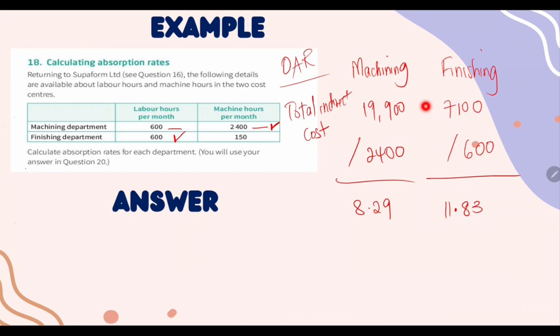You're going to use the full form of the answer, because the answer is $11.8333 recurring, right? So in terms of the exam, you basically input this back into the calculator, as in 7,100 divided by this amount of hours, and use the whole figure for calculation.